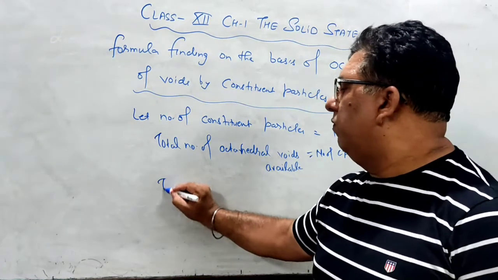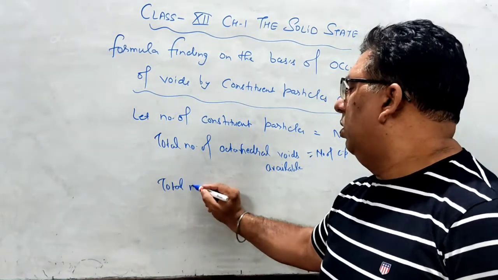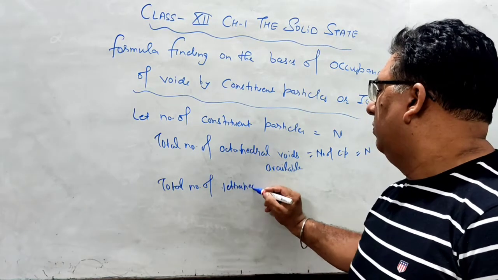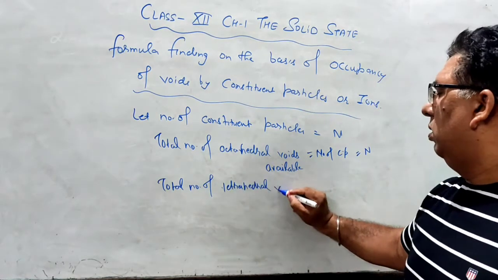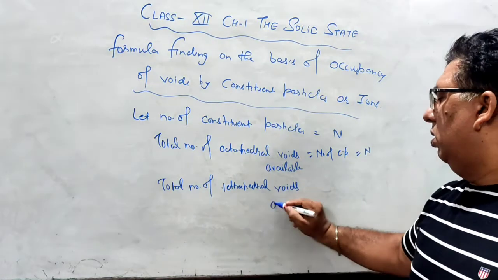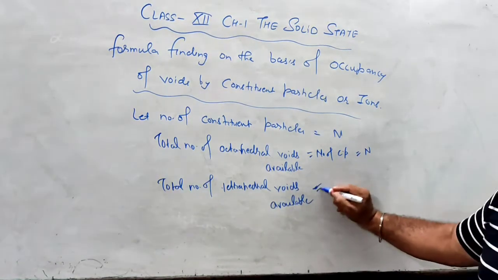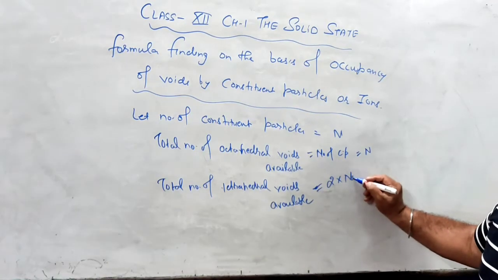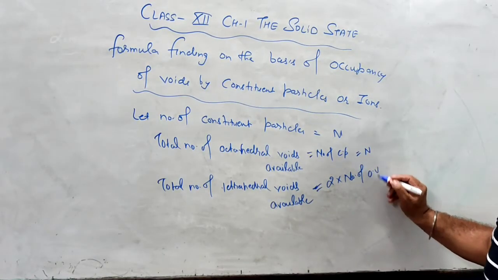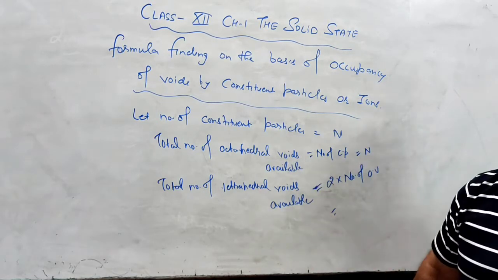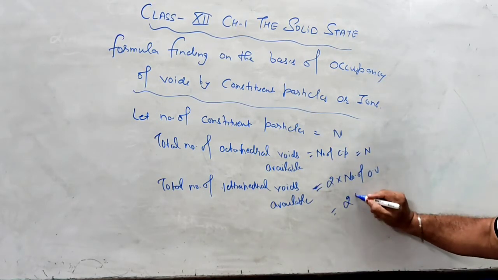And the total number of tetrahedral voids available is 2 times the number of octahedral voids, or 2 times the number of constituent particles, so it will be equal to 2n.